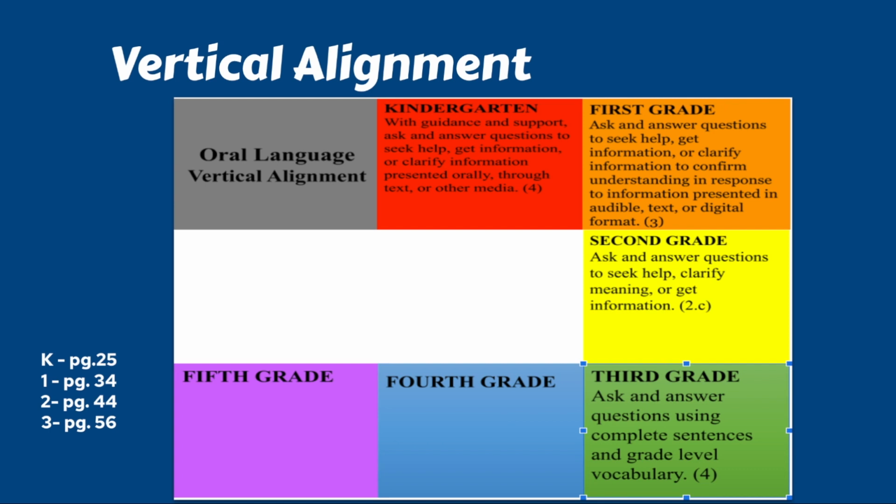Before we begin, in the lower left bottom corner, I've listed the page number for each grade level, K, 1, 2, and 3, within the course of study for your viewing.